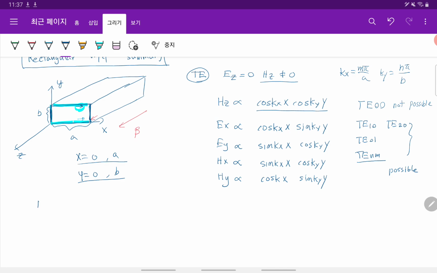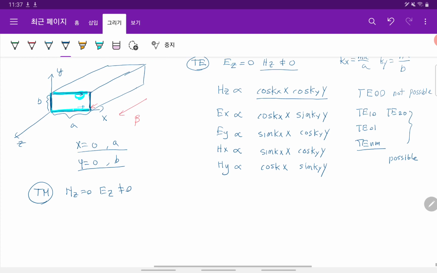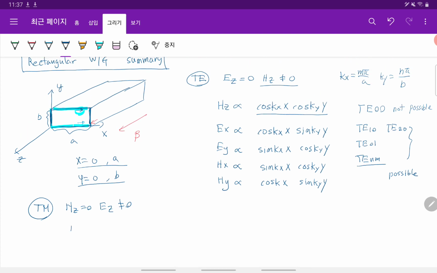And then about TM, basically this starts from Hz being 0 and Ez not being 0. So we start from Ez. Ez is the E field along the z direction, tangential to all four surfaces, so the tangential electric field should be 0, so Ez should follow sine kx x sine ky y.